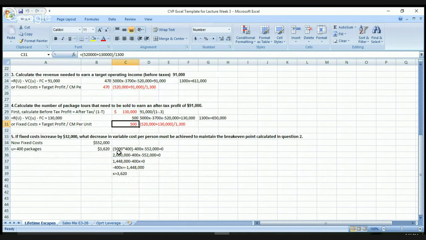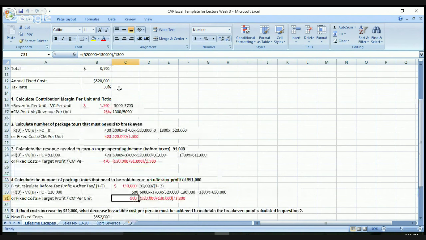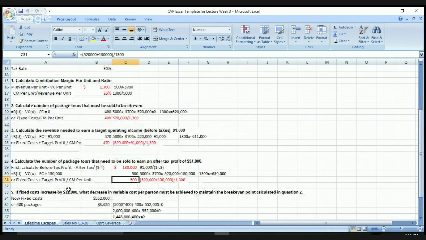So I'm going to take the 5,000 times the 400, get 2 million. I'm going to take the 400, which is my targeted units, I'm going to take the 400 times the X, and then I'm going to back out the 552, because remember, fixed cost was 520, and if it's increased by 32,000, the new fixed cost is 552.